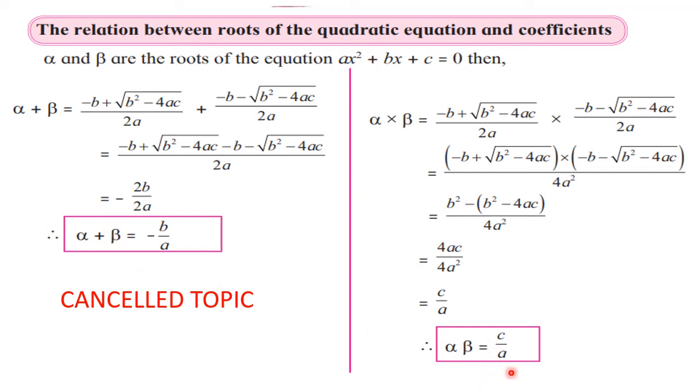So this is the relation between the roots of the quadratic equation and coefficients. Okay. So quadratic equation roots are alpha beta. We have seen in the formula that when we take plus sign and when we take minus sign, we get two roots, and one we denote by alpha and the other we denote by beta. So sum of the roots is given by minus b upon a, and product of the roots is given by c upon a. So we are not going to discuss the questions based on this topic. Okay. So let us go further now.